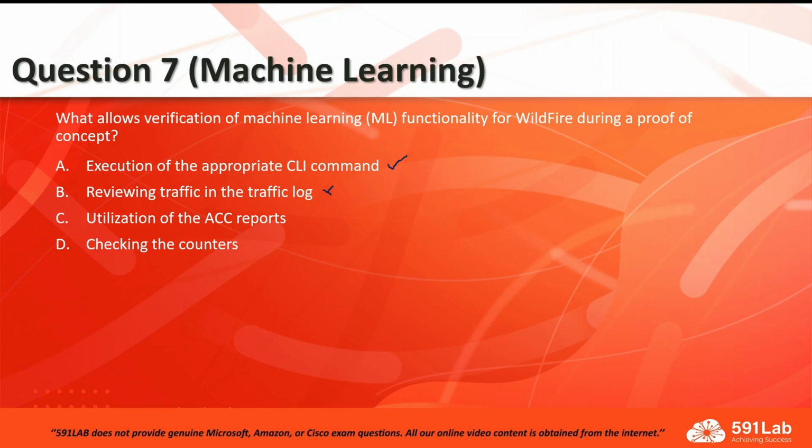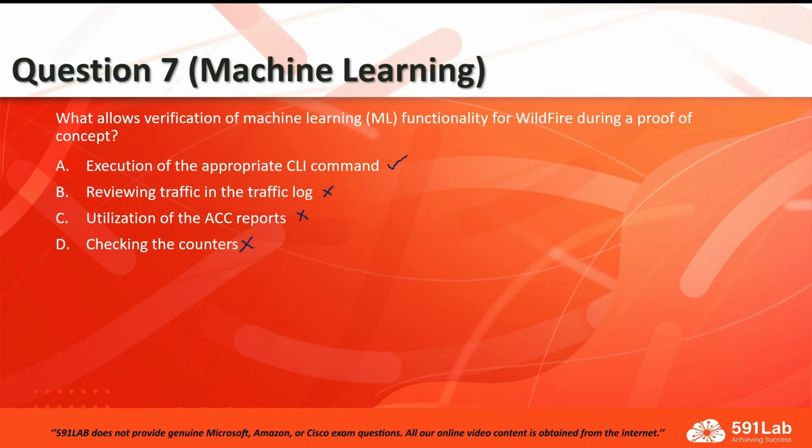It's not the answer because the use of machine learning, we can detect it on the threat log, not the traffic log. And then the utilization of the ACC report, it's not, because it just shows the threat names. And then checking the counters, it's not the answer.